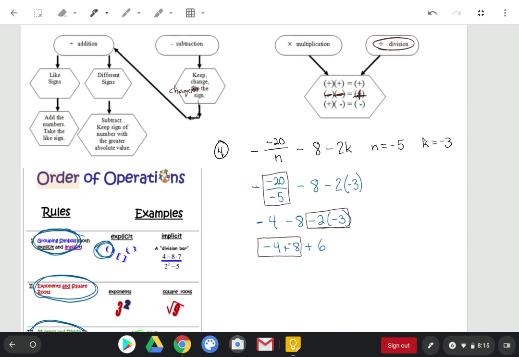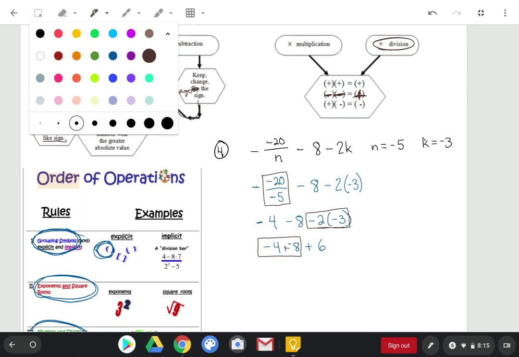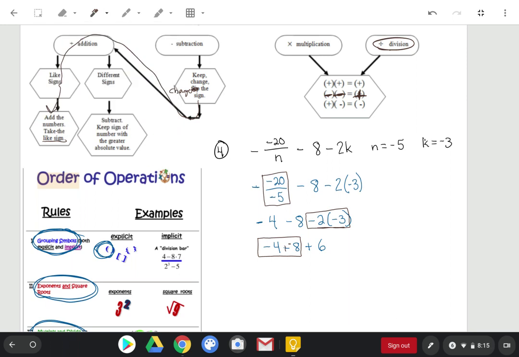So I'm going to now use my addition rules. I'm adding a negative plus a negative so they have the same sign. All right. My rule is to add the numbers and then I keep that sign of both. So 4 plus 8 is 12. And since they are both negative, my answer is negative 12.